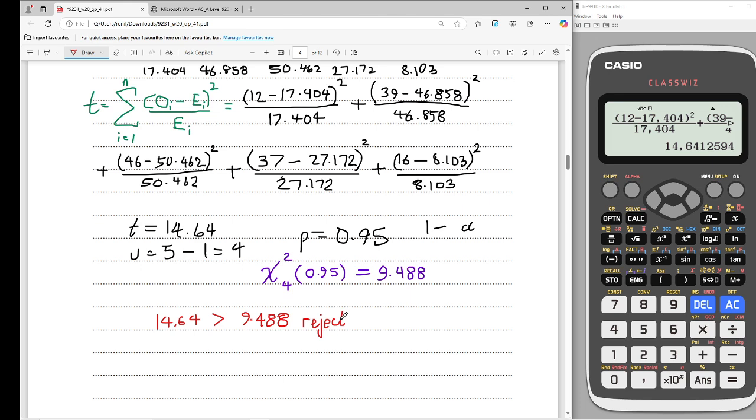Reject H null. When you reject H null, we have a sentence structure.